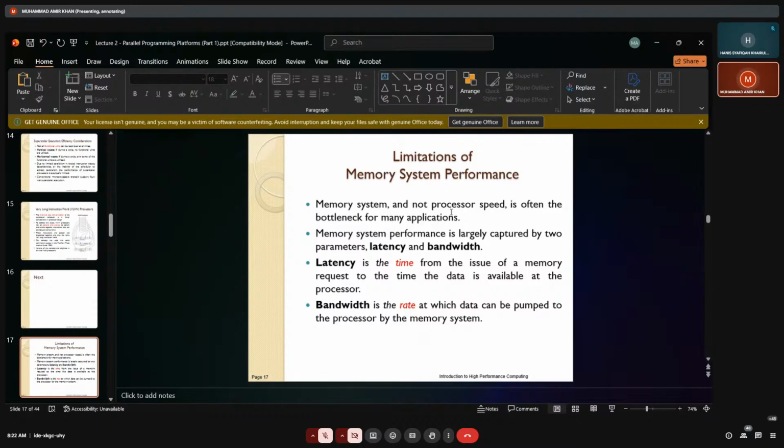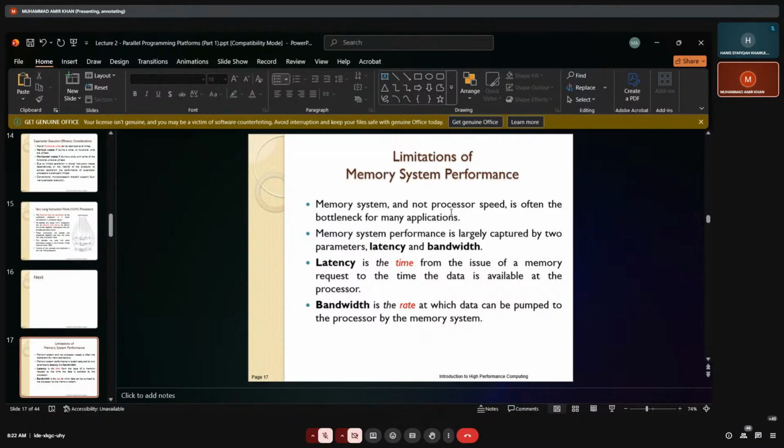What is latency? Latency is the time from the issue of a memory request to the time the data is available. And bandwidth is the rate at which data can be pumped to the processor by the memory system.